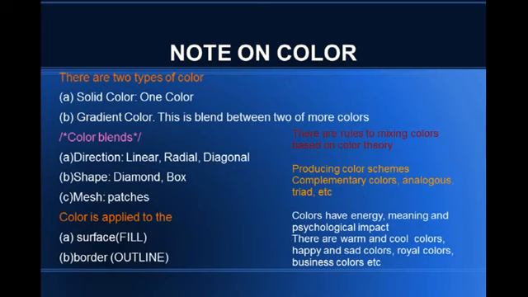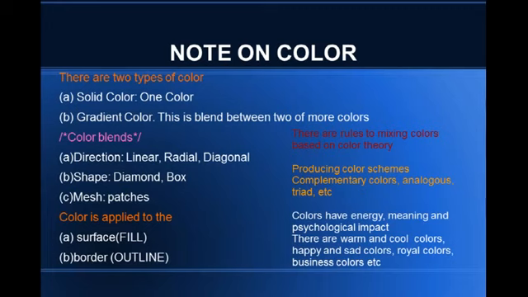One of the techniques used to achieve contrast is color. Now, basically, there are two types of colors. There are solid colors, which is just one color, and the gradient color, which is a blend between two or more colors. Now, blends are created by putting colors in a particular direction, putting colors in a particular shape, or creating a mesh where colors are applied on the surface.